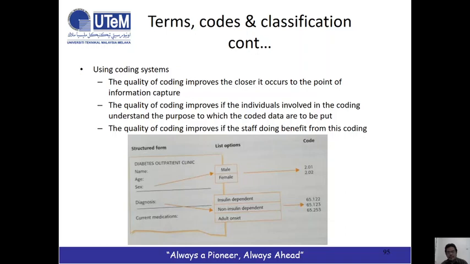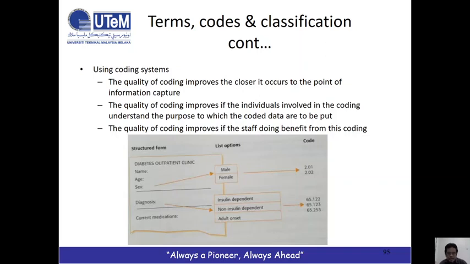Male represents the code 2.01, female represents the code 2.02. So when the computer searches 2.01, it refers to the master reference: 2.01 is actually male, 2.02 is female. So this is a coding system used in the application.